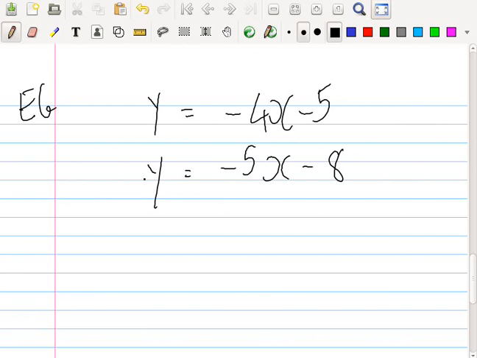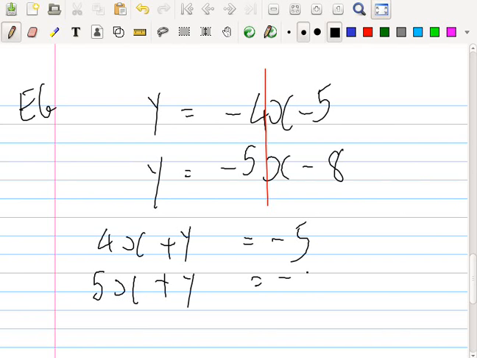This is on the wrong side. The x and the y need to be together on the same side. So before I start, I have to take these two here to the left. And I get 4x plus y equals minus 5 and 5x plus y equals minus 8.